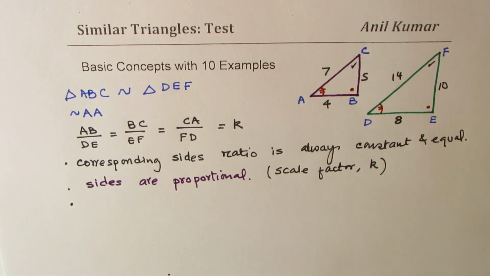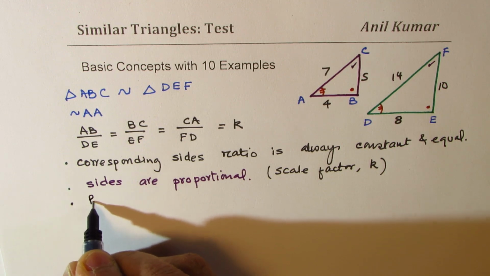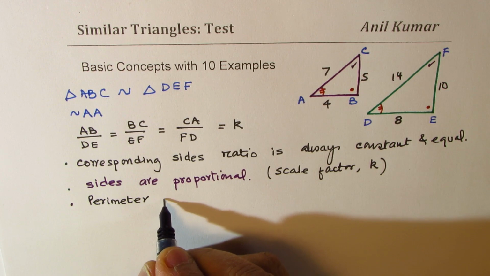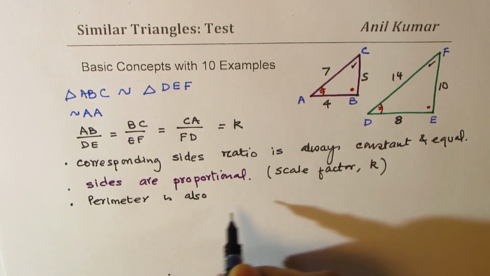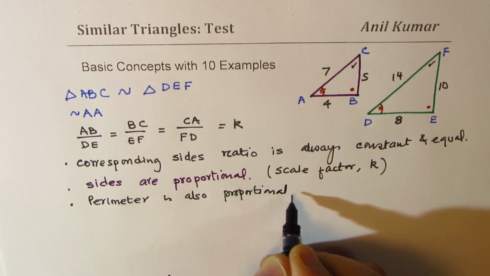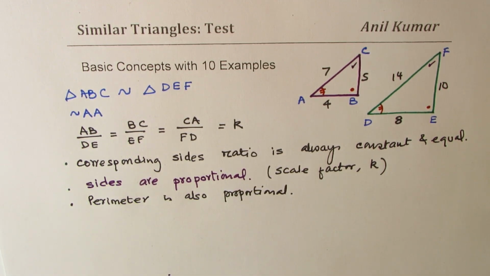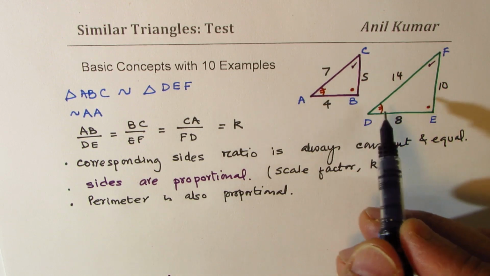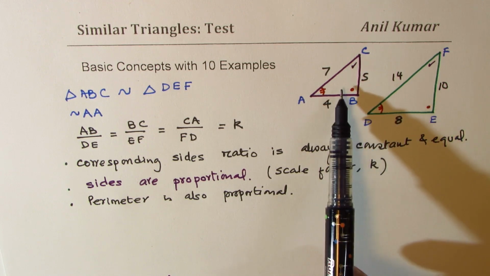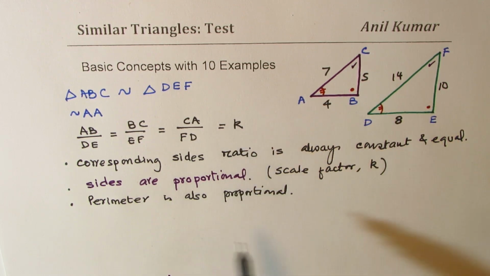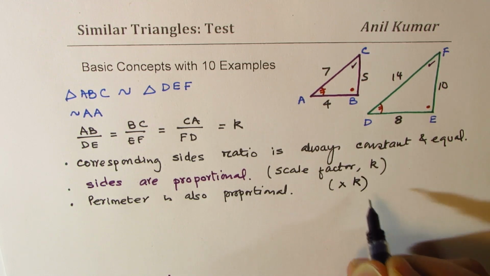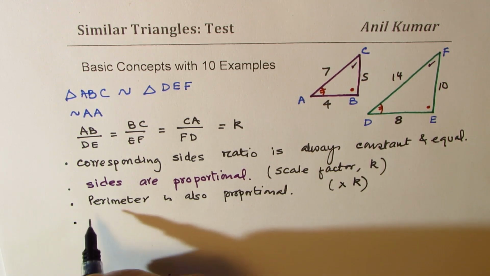What else? How about the perimeter? So perimeter is also proportional. That is to say that in this particular case, if the ratio of one triangle to the other is K, then the perimeter will also be times K, right? Now how about area?